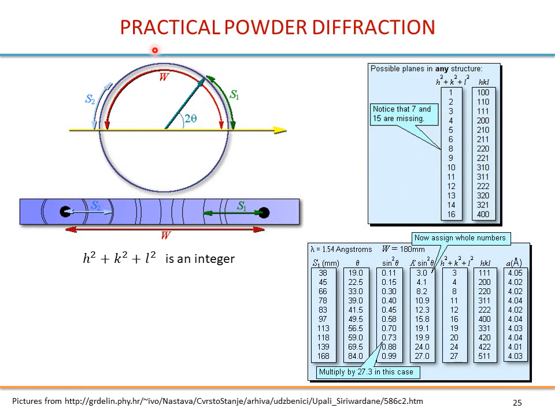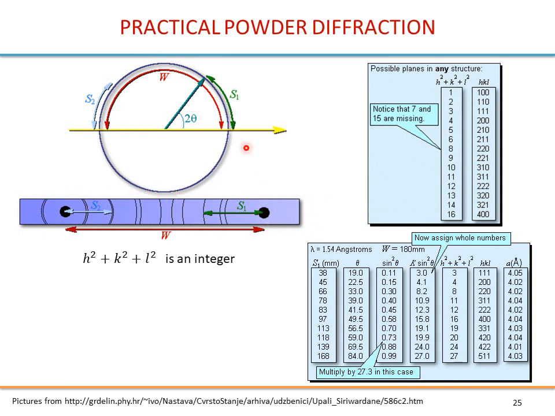Here this would be your experimental setup. You have your incident beam, and you look at where there is a diffraction, constructive interference, and you get your value of 2 theta. So imagine you would have either a CCD camera or a kind of photographic film like this.